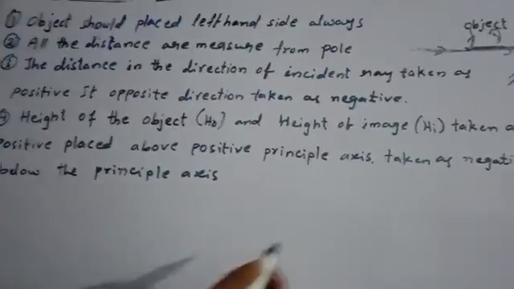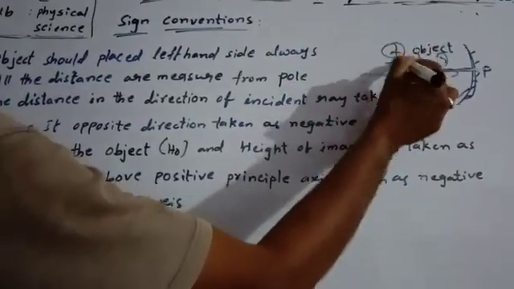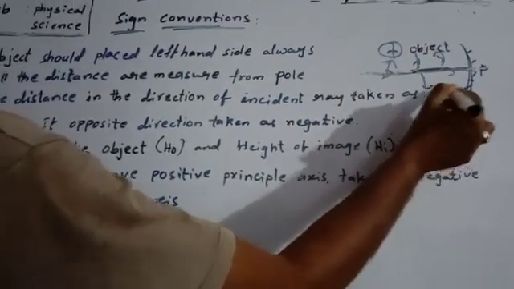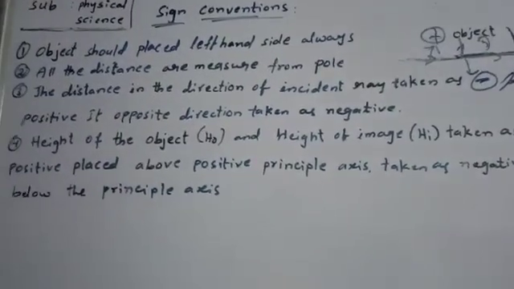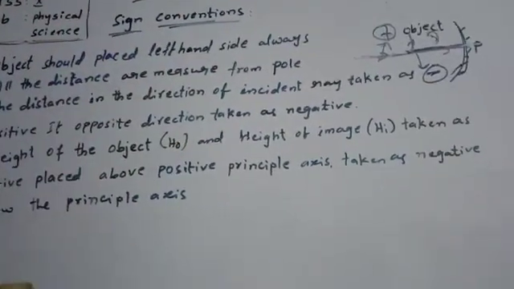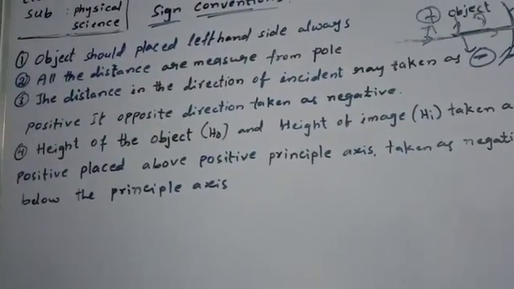What is the fourth point? Above the principal axis we take positive, and below the principal axis we take negative. Clear? That is the fourth point in the sign convention, and it is very important. Clear?